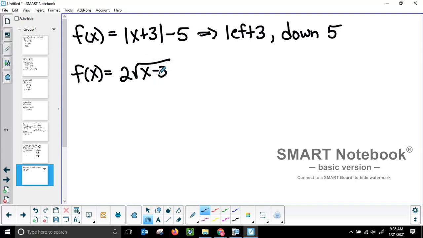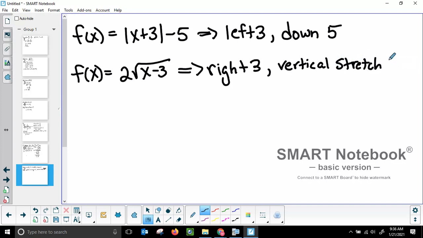So the square root function is our parent function. This minus 3 inside would shift me to the right 3. And this 2 multiplying outside would be a vertical stretch by 2.